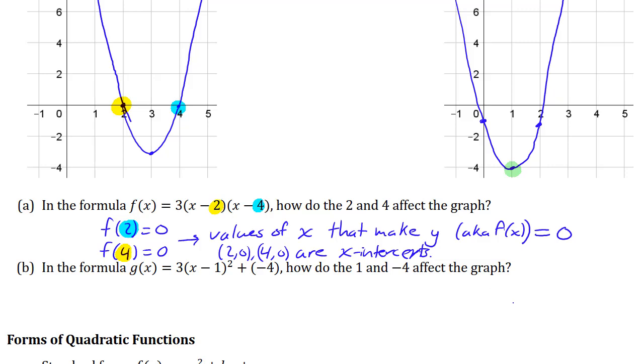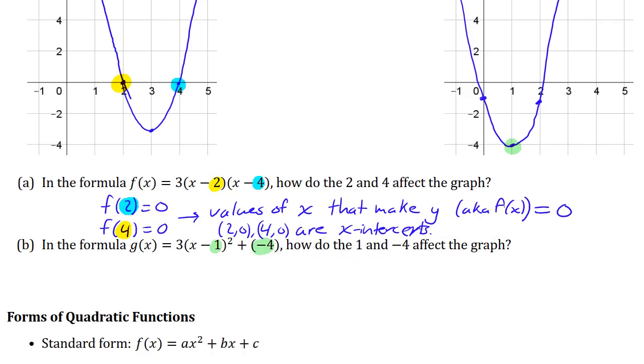Okay, now here we have a 1 and a -4. So how do those affect the graph? Well, when you plug in x equals 1, that makes this whole thing 0. It makes the 3 times x minus 1 part equal to 0.